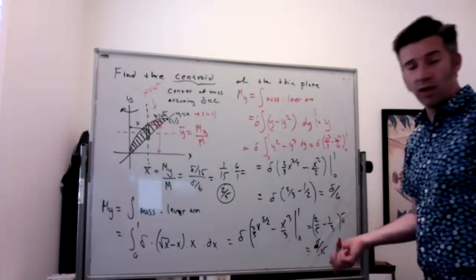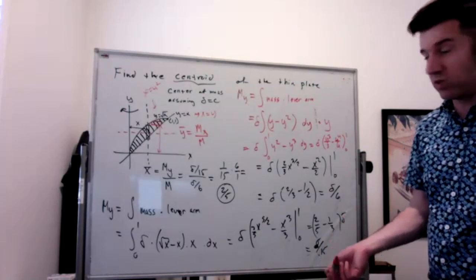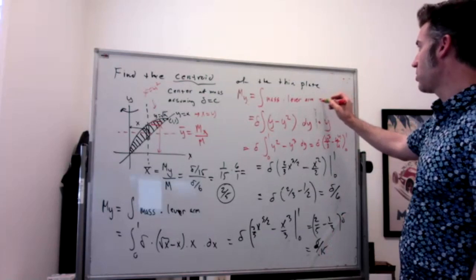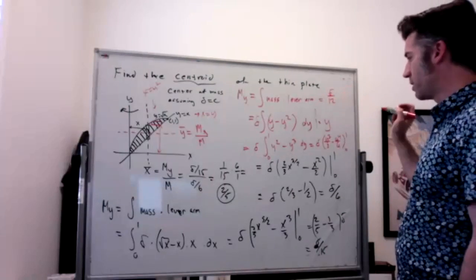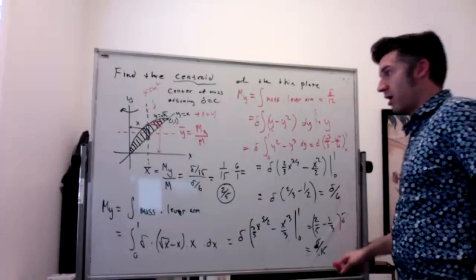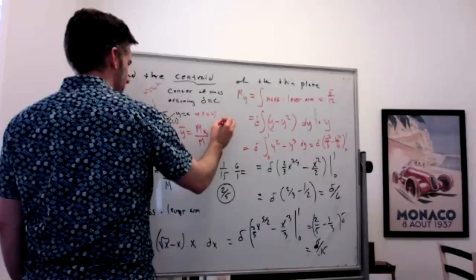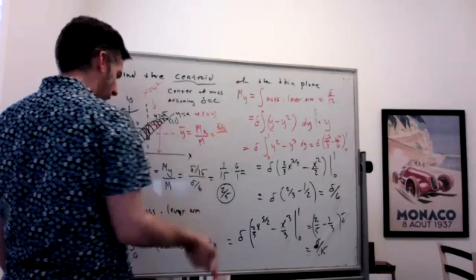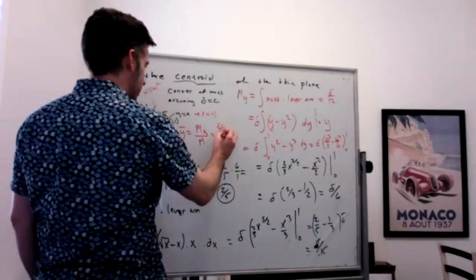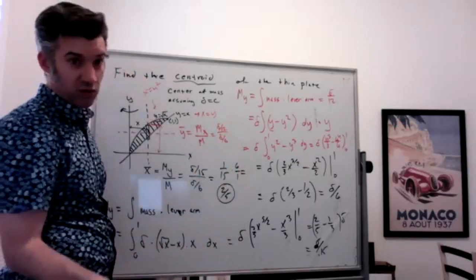And when you plug in 1, you get 1/3 minus 1/4, which is 1/12. So this ends up equaling delta over 12. And then your y bar is Mx, which is delta over 12, divided by your mass, which is delta over 6. And this ends up being 6 over 12, which is 1/2.